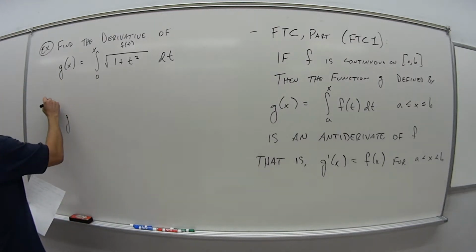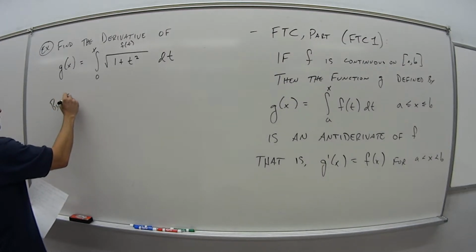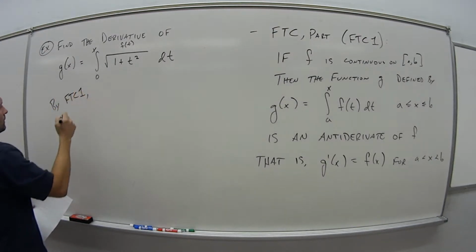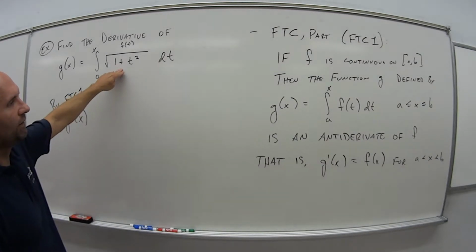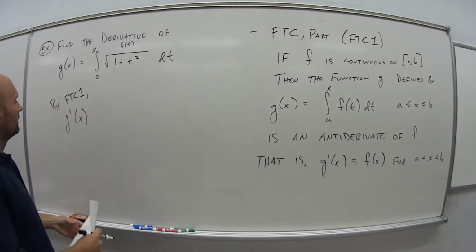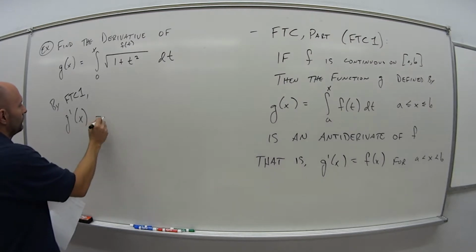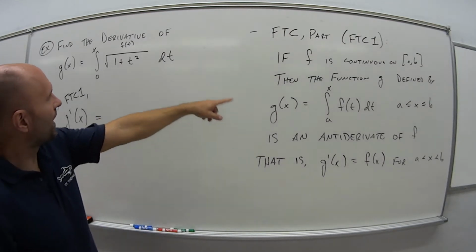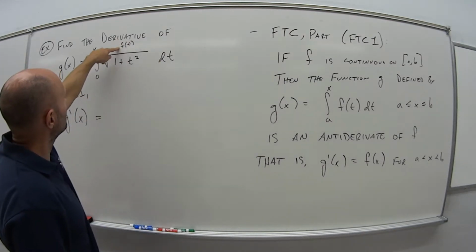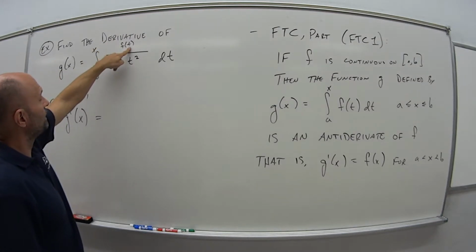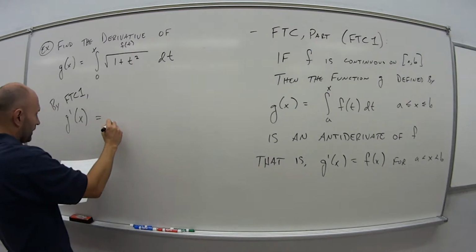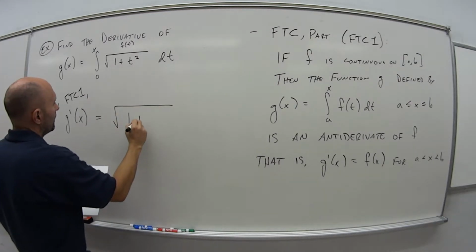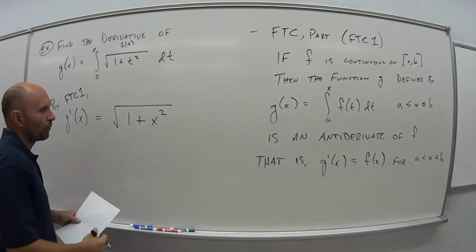So by the fundamental theorem of calculus, part 1, because f is continuous, g prime of x is equal to f of x. f of t is this, so f of x is what we get if we plug in x for t, which is just the square root of 1 plus x squared.